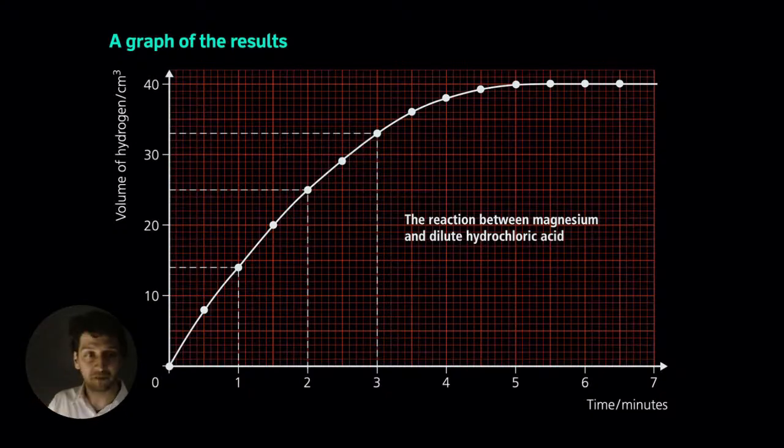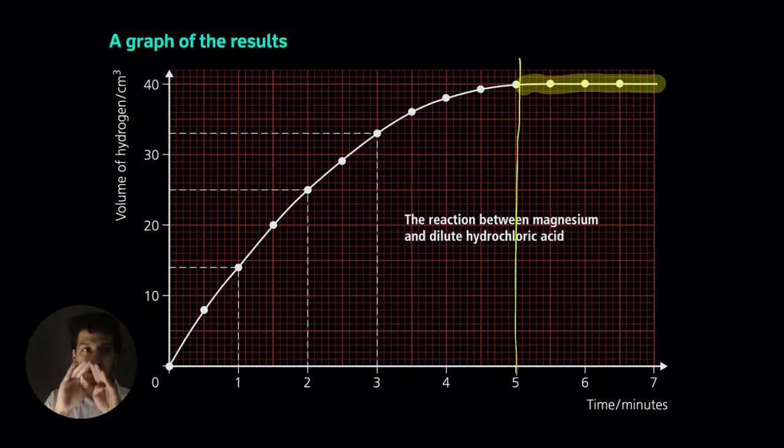What do I mean by flatline? It's a flat line. The graph is flatlining here. Blue doesn't look good over here. Can yellow save us? Okay. It's flatlining over here. After this, it's completely horizontal. No more gas is being produced.